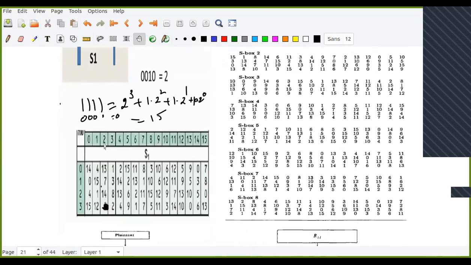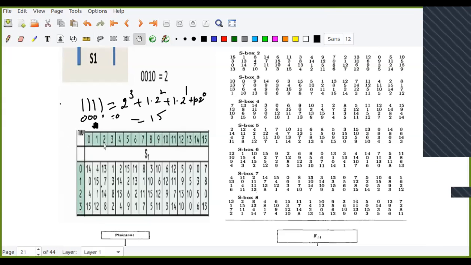Sorry, I made a mistake. It is row 0, first row, second row, third row. The third row is actually the fourth row.